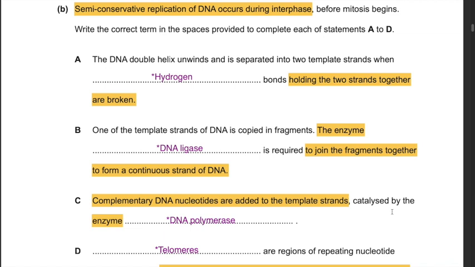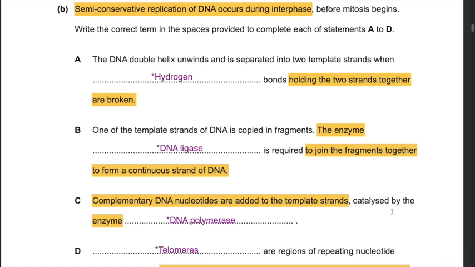Statement C. Complementary DNA nucleotides are added to the template strands catalyzed by the enzyme blank. So the enzyme which is involved over here is obviously DNA polymerase, because you know that DNA polymerase is an enzyme which is definitely involved in DNA replication. There are 2 types of polymerase, RNA polymerase and DNA polymerase. DNA polymerase is involved in DNA replication.